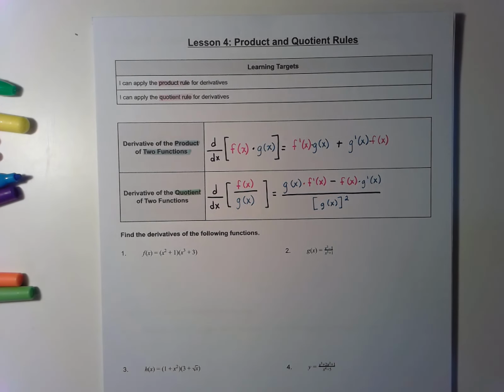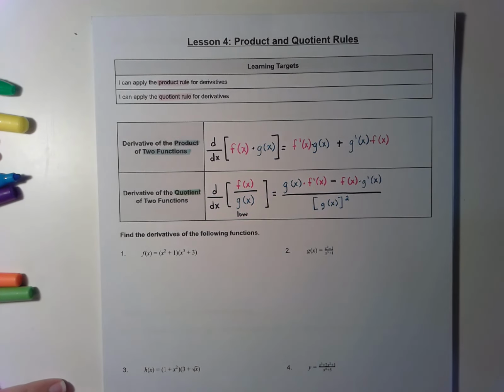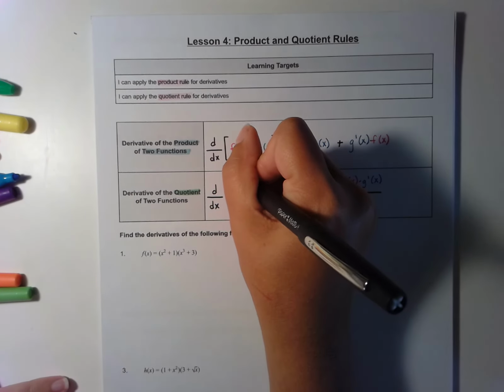Now, this looks very complicated, and I think it definitely could be very complicated, but what I'm going to do right now is teach you kind of a song that will allow you to remember this formula without struggling with it. So I'm going to call the bottom function here low, just for the sake of saying something shorter than bottom function, and I'm going to call the top function here high.